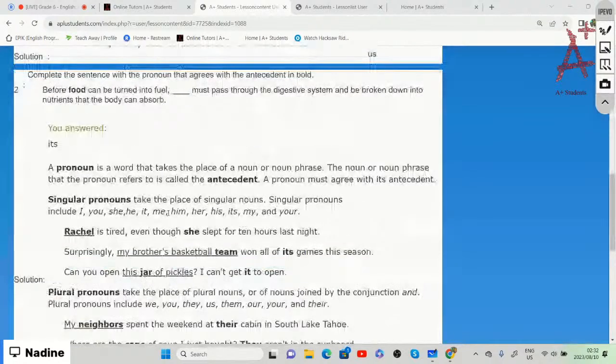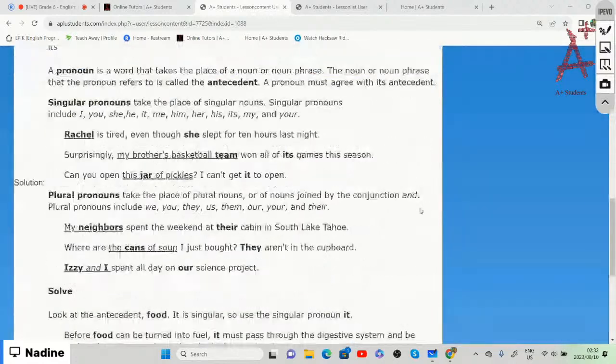Before food can be turned into fuel, it must pass through the digestive system and be broken down into nutrients that the body can absorb. I think it is "it must pass through." Yes, so it.